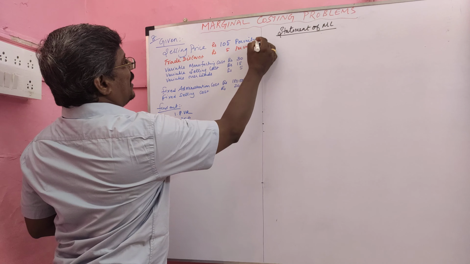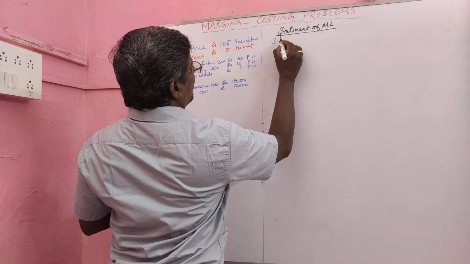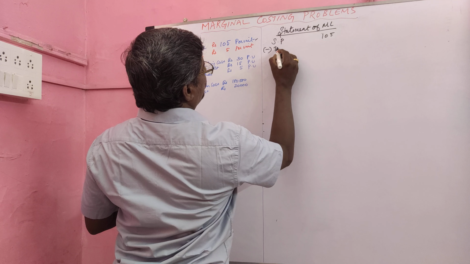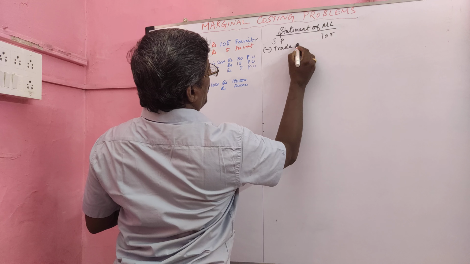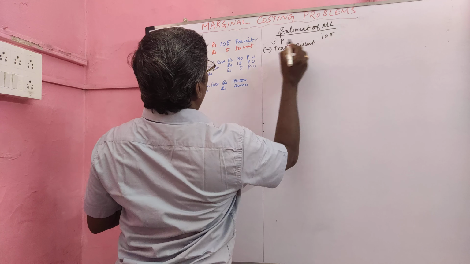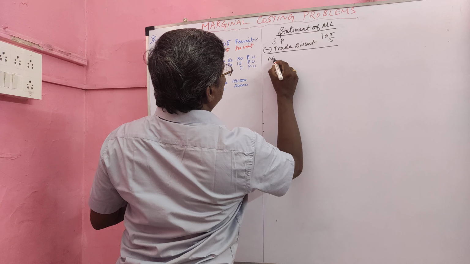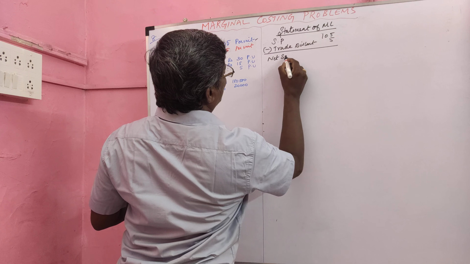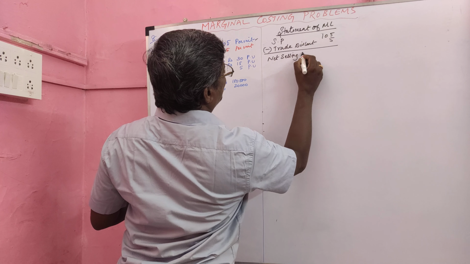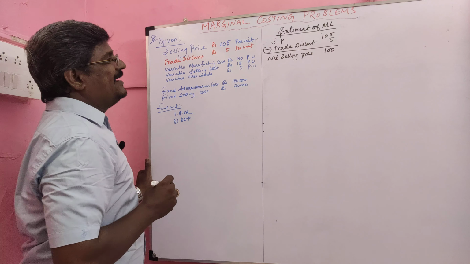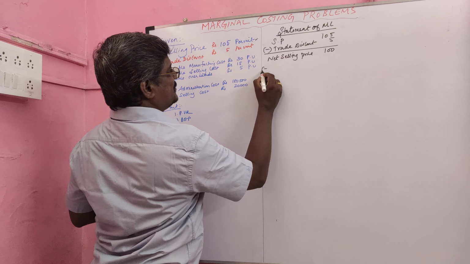Selling price 105 per unit. So selling price 105. Trade discount should be deducted. Trade discount how much? 5 rupees. This is called net selling price. After deduction of trade discount, the remaining value we should call net selling price. Next, minus variable cost.